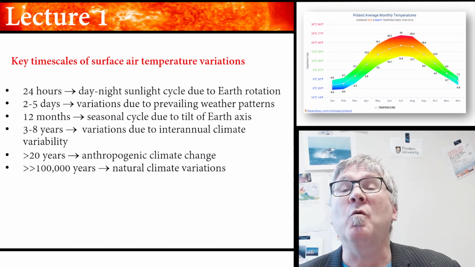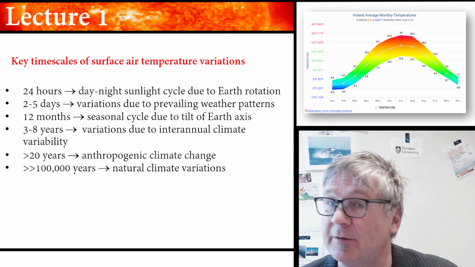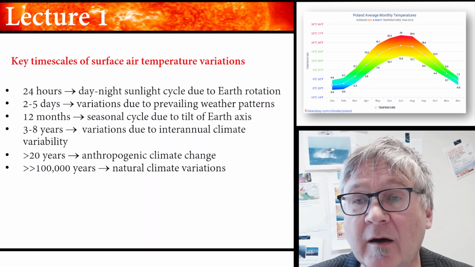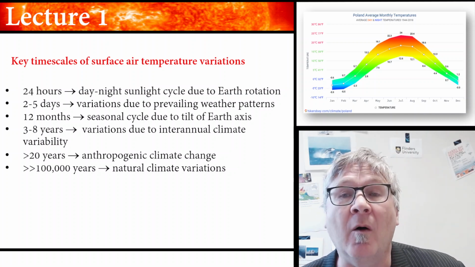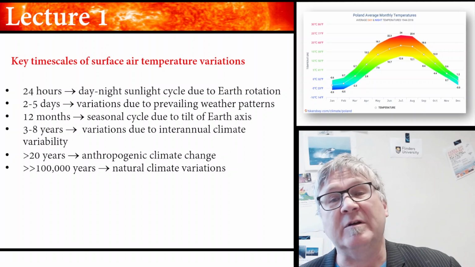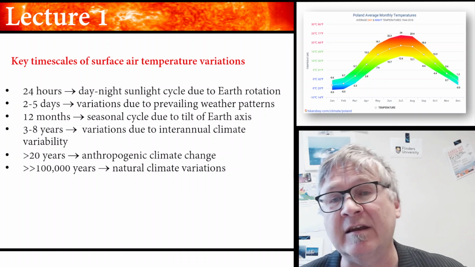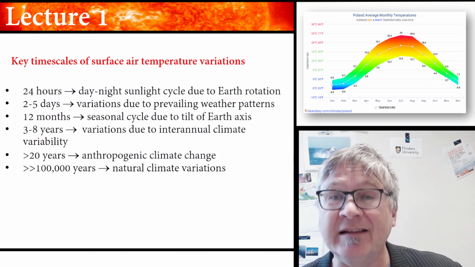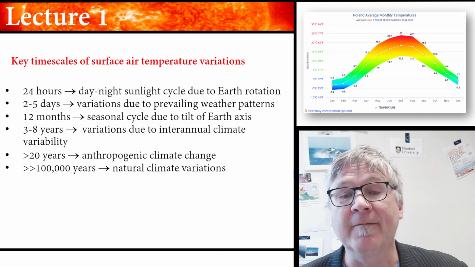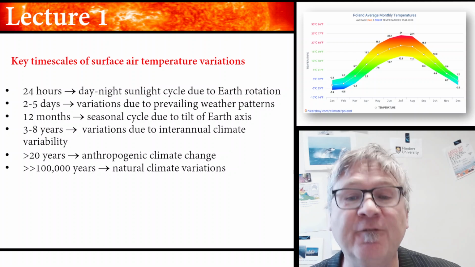However, there are also variations from one year to the next. It depends on the region where you are, and we talk about that later on. But there are regions where some years you have relatively dry conditions, and then in other years you have wet conditions. I'm talking about El Niño, La Niña events. This has to do with interannual climate variability.